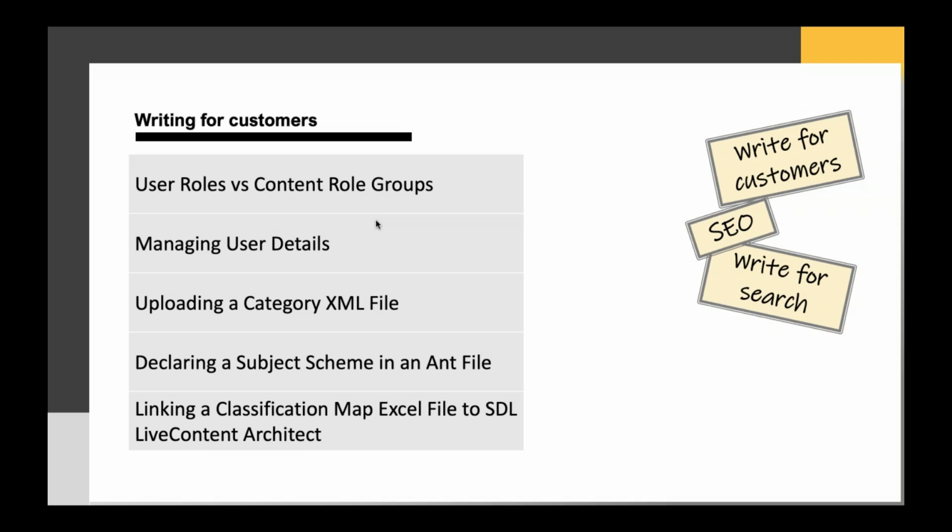Because this is very much about the internal jargon from within Zoomin. A content role group is something that you know about when you have already learned about Zoomin. So why would you write this in a title and offer it for people to search? That's not what they're going to search for, right?